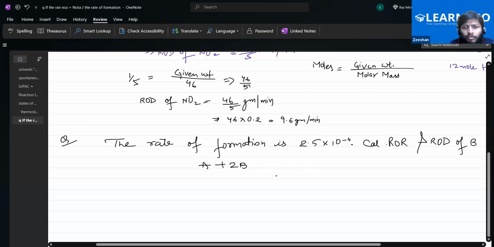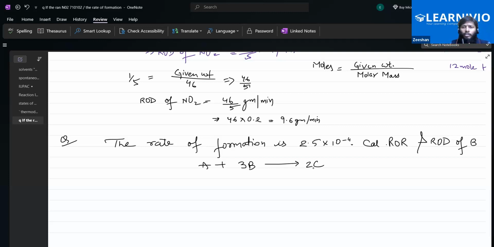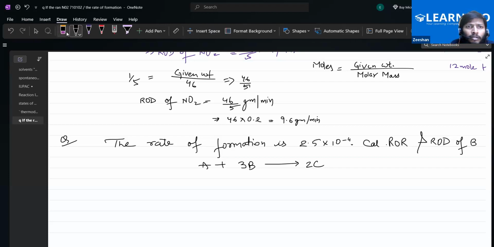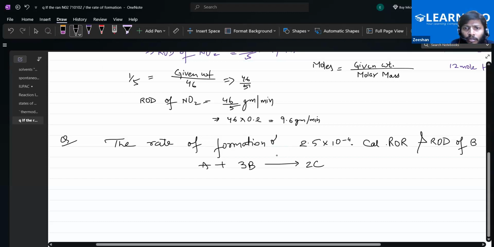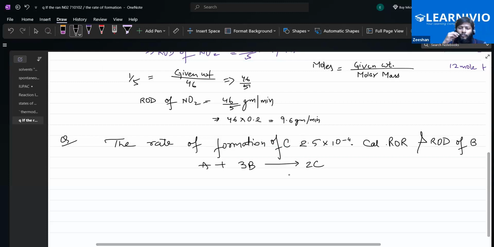Solve this question. You have to find the rate of reaction, the rate of disappearance of B and the rate of formation of C. Rate of formation of C is given. Understood the question? Use the above formula, you will get the answer. There will be no confusion.